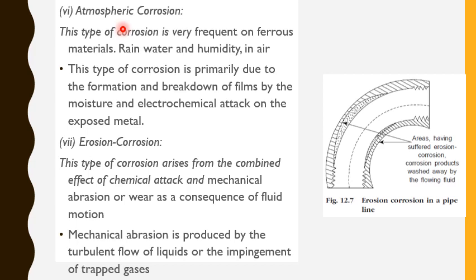Atmospheric corrosion. This type of corrosion is very frequent on ferrous materials. Rainwater and humidity in the air cause atmospheric corrosion. This type of corrosion is primarily due to the formation and breakdown of film by the moisture and electrochemical attack on the exposed metal.